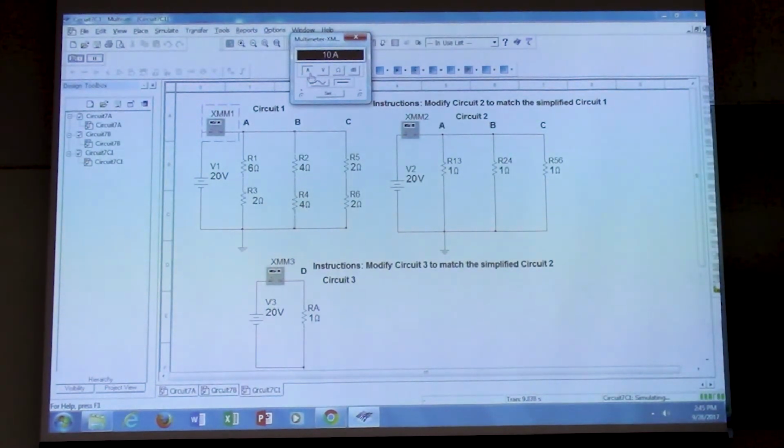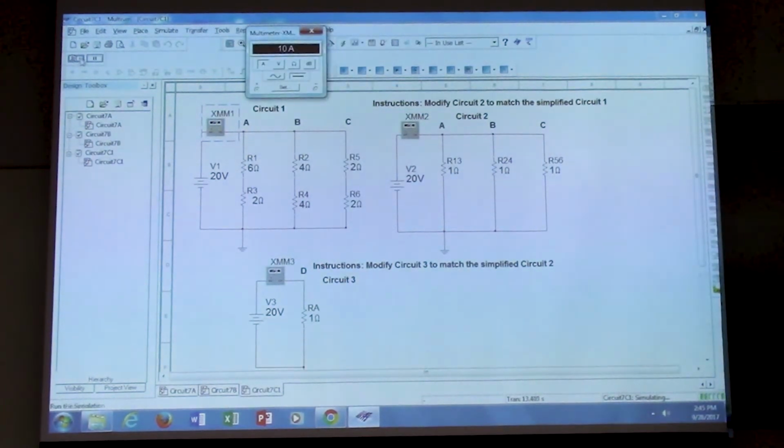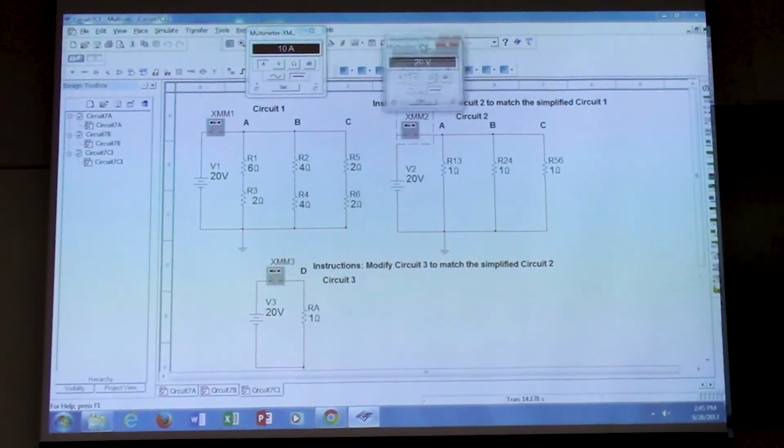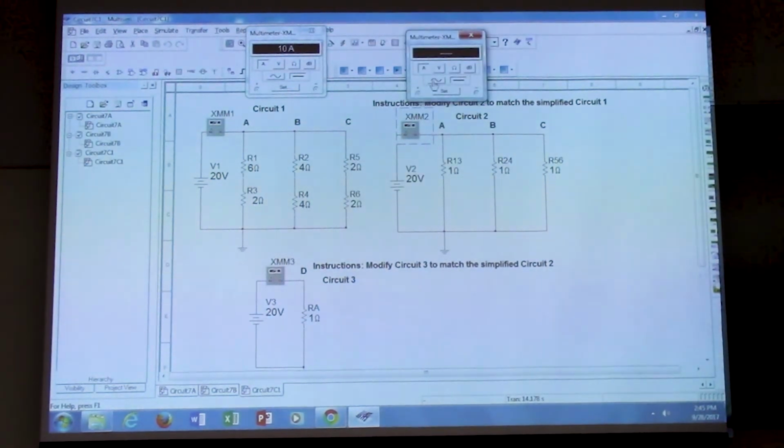So we can see that this circuit has a current of 10 amps. So what we would want to do is we would want to modify the second circuit to match the first circuit. So when we measure the current through the second one, it should also have a current of 10 amps. Okay, so how would we do that?